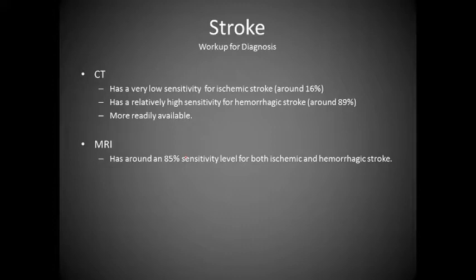So in terms of stroke, we see that CT has a very low sensitivity for ischemic stroke, around 16%. This is possibly the worst thing about CT, that for ischemic stroke, it's only around 19% for the initial phase.